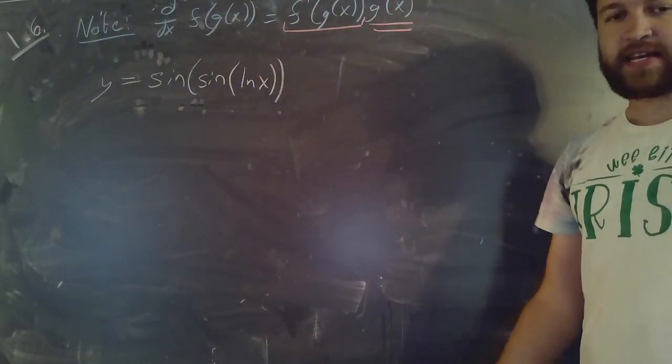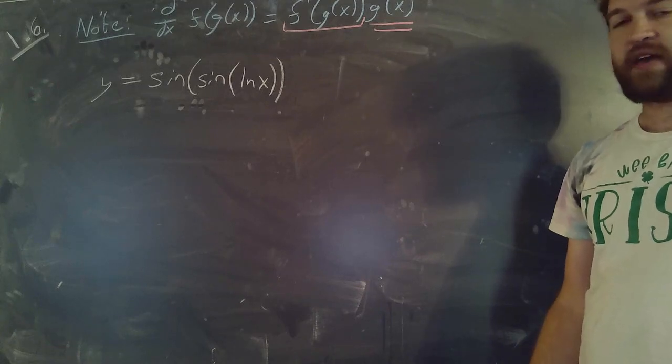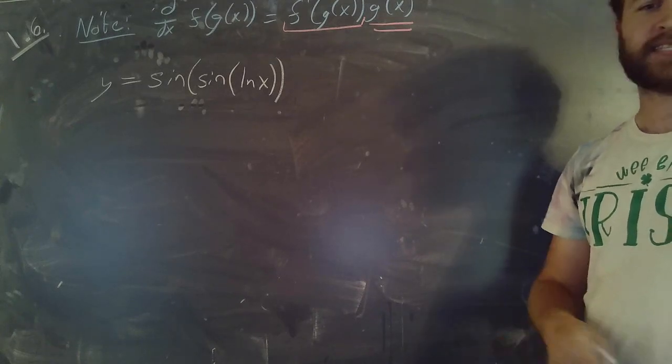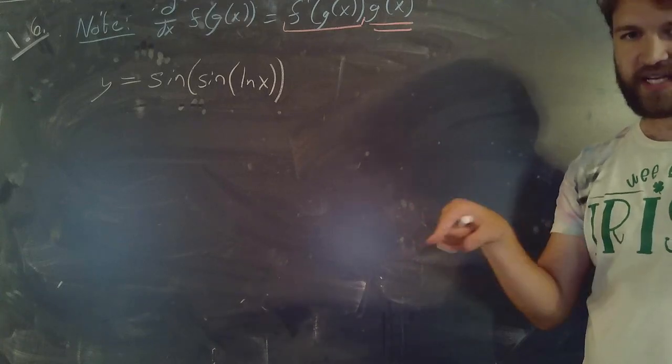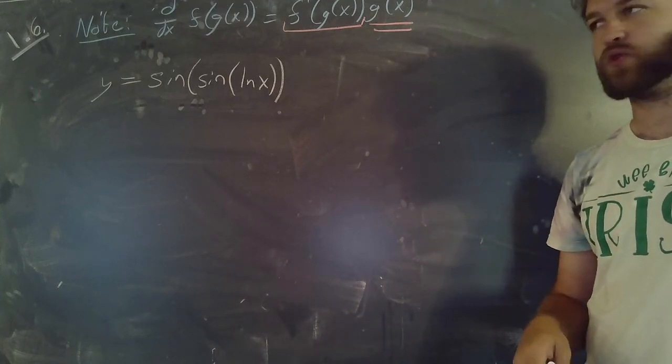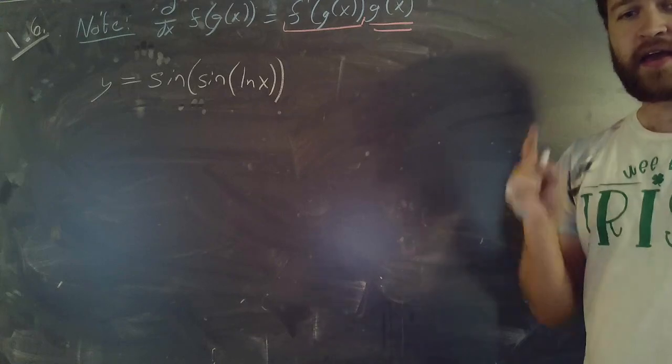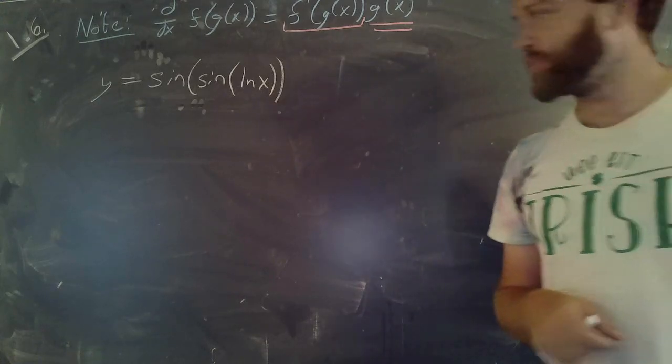Okay, so when you look at this, you say, well, I know how to take a derivative of sine, I know how to take a derivative of ln, it's just 1 over x, and sine is just cosine. But what I don't know how to do is sine of ln of x. Don't know how to do that. There's not a nice rule that we've learned so far that tells us how to do that. That means it's probably chain rule.